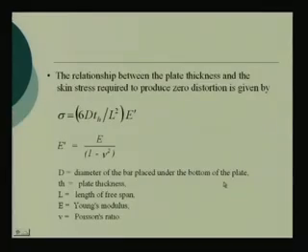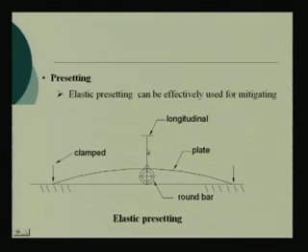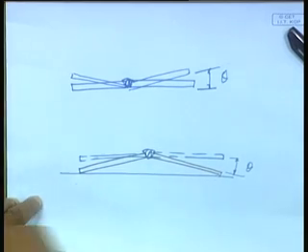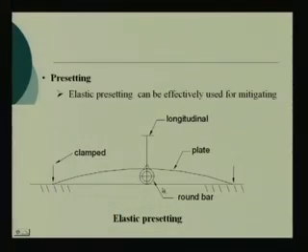So, these are some of the relations, how to get, I mean what has been shown here is that this round bar is nothing but the... Here the diagram I have shown as a case of butt welding. In this presentation I have shown a case of a stiffener being welded.